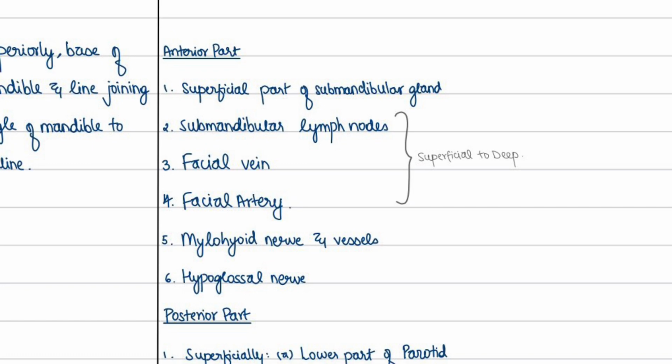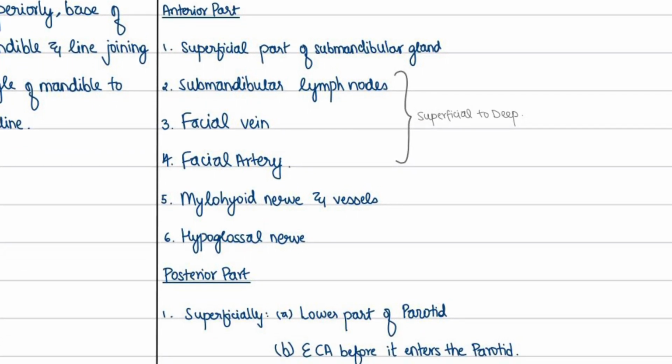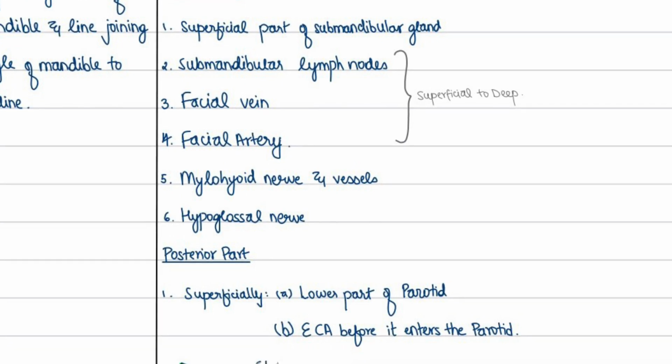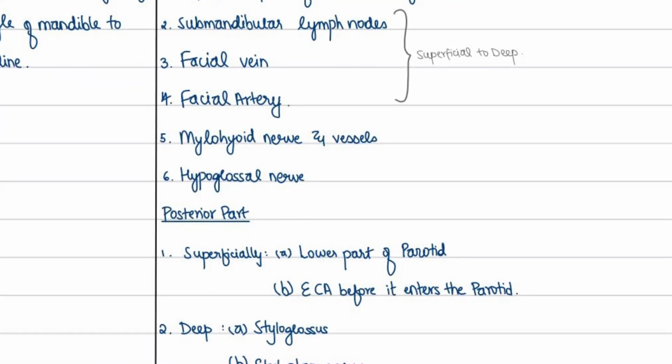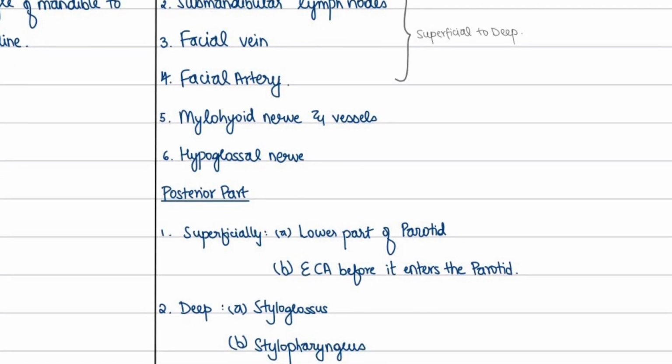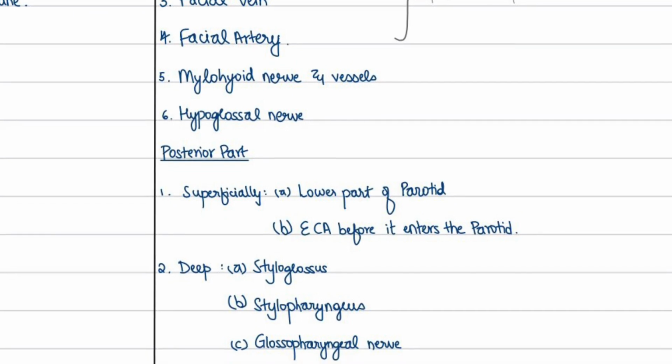The anterior part consists of the superficial part of submandibular gland, submandibular lymph nodes, facial vein, facial artery, mylohyoid nerve and muscles, and the hypoglossal nerve. The posterior part is further divided into three subheadings: superficial, deep, and deeper.